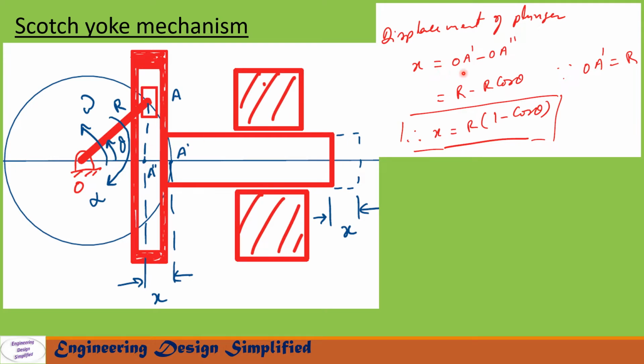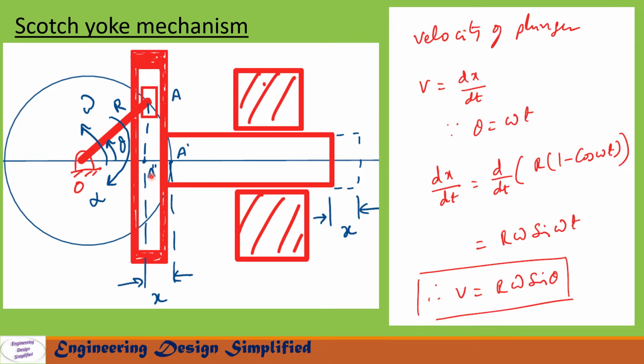So r minus r cos theta. The displacement of the plunger x can be written as x equal to r into 1 minus cos theta. Here we have assumed angular velocity omega and angular acceleration, that is clockwise, alpha.